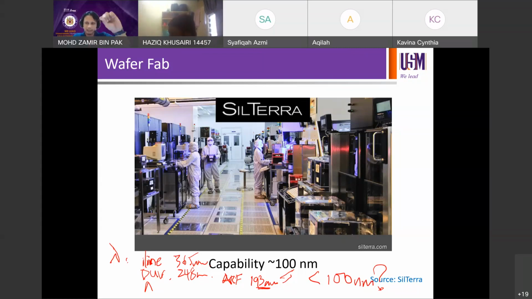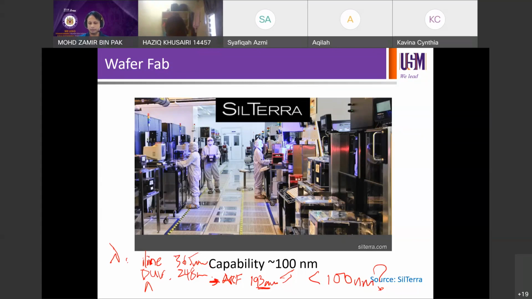When we print a line, you want good resolution. You don't want it to be blurry and zigzaggy. You want a very fine line at 100 nanometers. So that's pretty much what Silterra can do, down to ArF system. I installed this system with my team around 2008, 2009 for the new technology. So this was the last one.